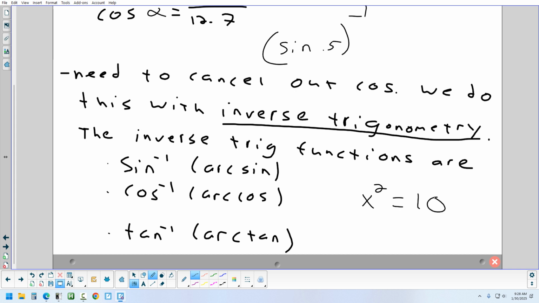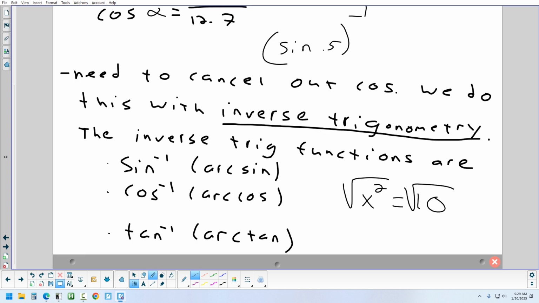You don't say you're going to multiply both sides by the square root. That doesn't make sense. Multiplying is reserved for numbers and letters. You cannot multiply by a word on both sides, or a function. So I would say take the square root of what's on the left, take the square root of what's on the right. That's the verb you want to use, take.